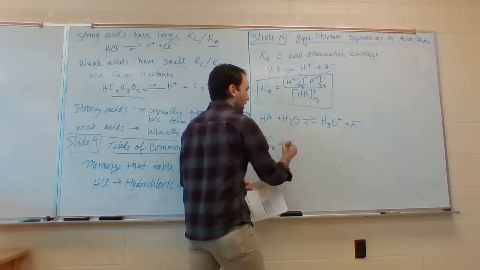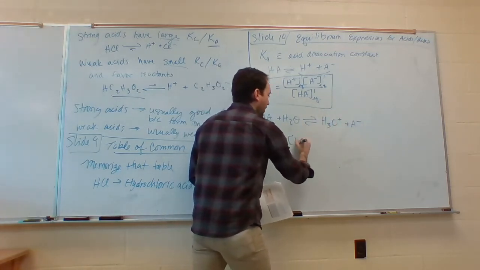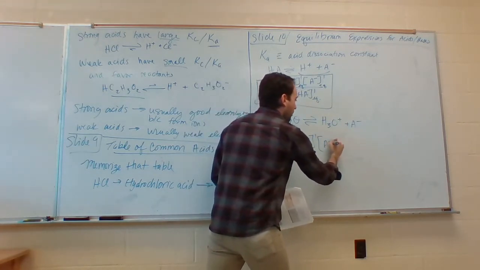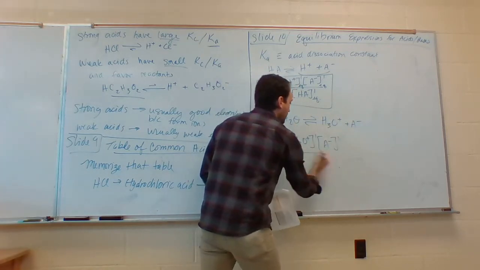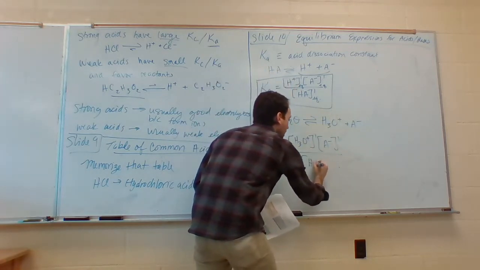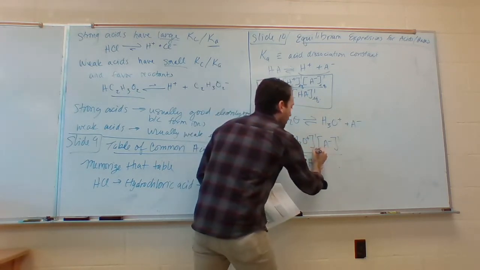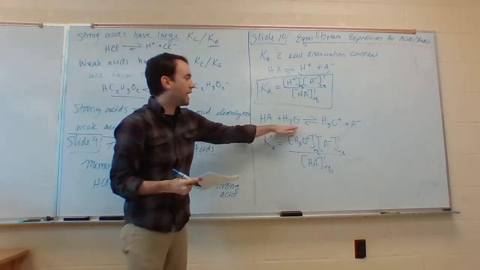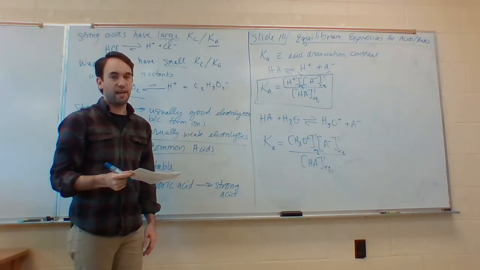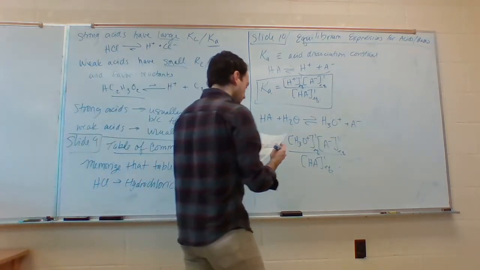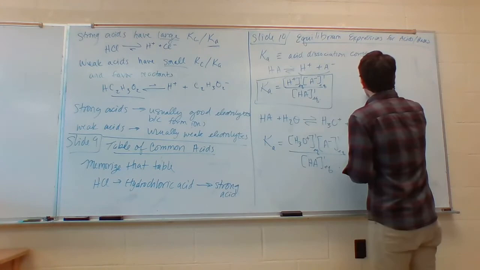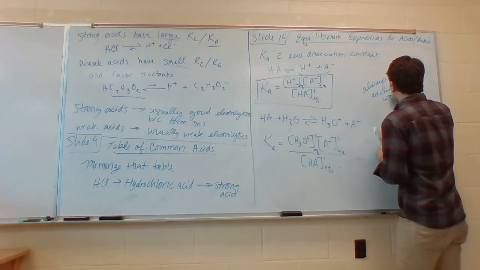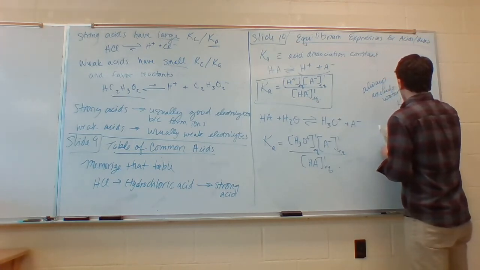Written this way, it would be H3O+ to the first, A- to the first, products over reactants, over HA to the first, all at equilibrium. You could write it either way. Just know that the H2O is not going to be part of your Ka expression. As a note, always exclude water in your Ka.